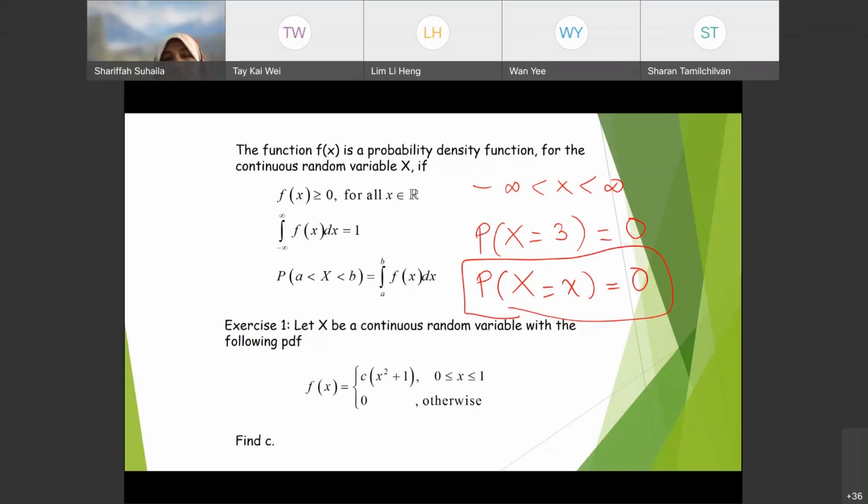It must be in terms of your interval, either less than, greater than, less than or equal, whatever. So it cannot take an exact value, and probability x equals x for continuous must equal 0.